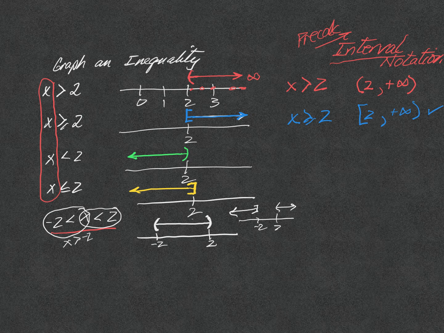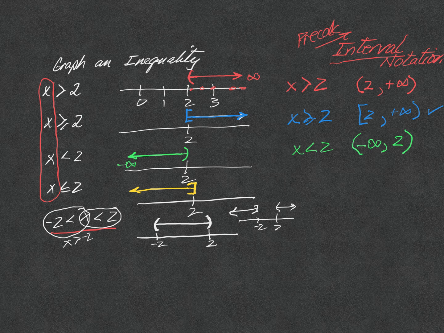And now for less than, we go in the opposite direction. For x less than 2, it travels towards negative infinity forever. You always list what comes first, so it's negative infinity up to 2. We're not equal to 2, so we put a parenthesis.